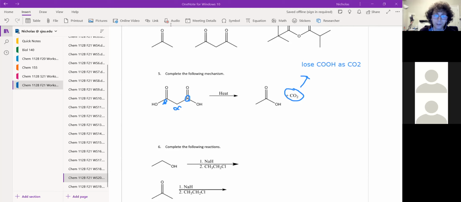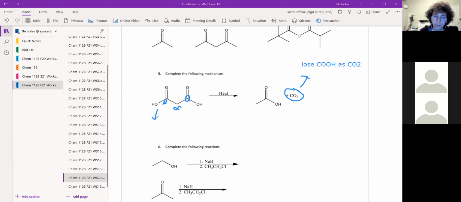And there's a mechanism for this we're going to go over. The first thing I would do if I was given a structure like this is I would redraw it because it's kind of hard to draw the mechanism with the structure as it's shown here.